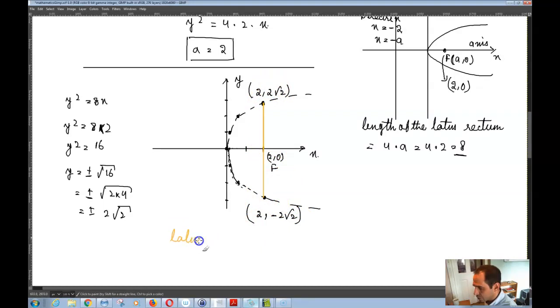So your latus rectum is equal to the distance from here to here, which is 2 square root of 2, so 2 times 2 square root of 2 is equal to, this is 4, 16, 32.